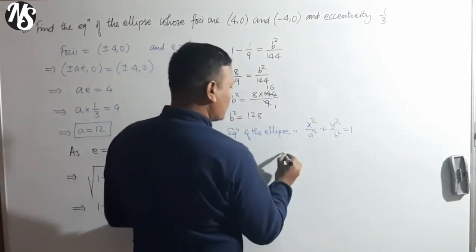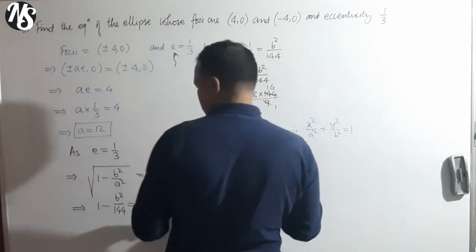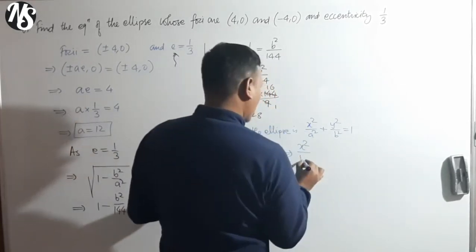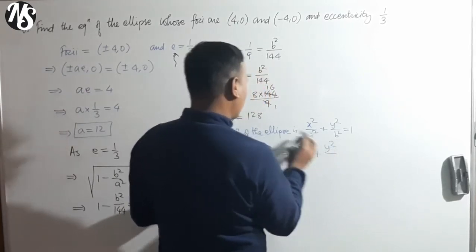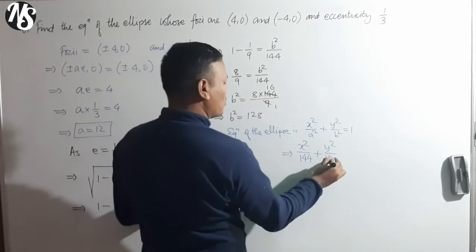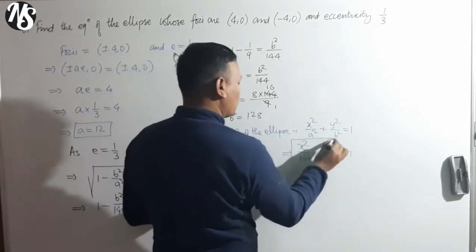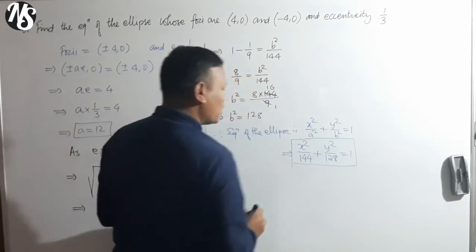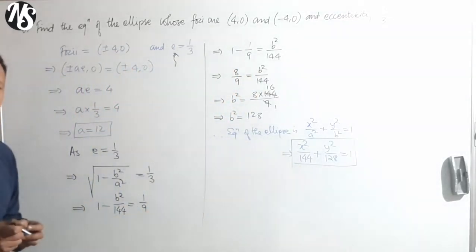Let's put the values now. A squared is 12 squared, which is 144, plus y squared by b squared, and b squared is 128, equals 1. So this is the equation of the required ellipse. You may pause the video and note it down.